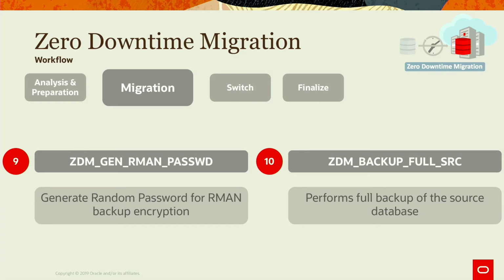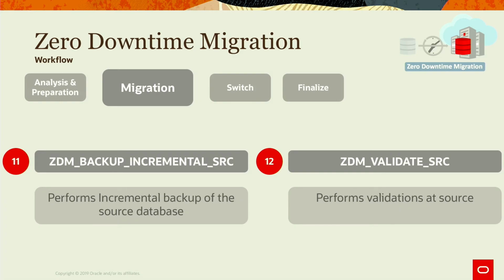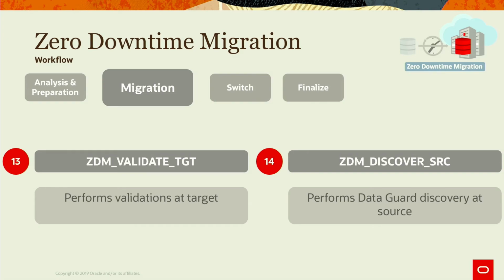Then we start performing a full backup of the source database. We create an incremental backup of the source database as well. And then we do a validation of the backups that we have created. We then ensure the target is ready, and we do a validation in that part as well.